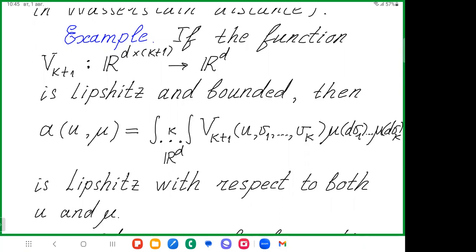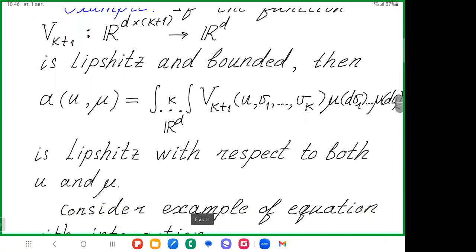It is a good example which says that we construct our equation in the right way. It now includes the multiple interaction between particles.